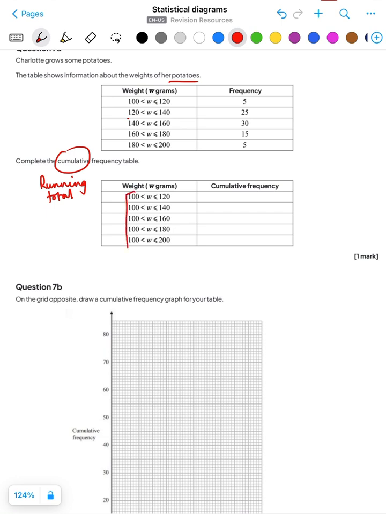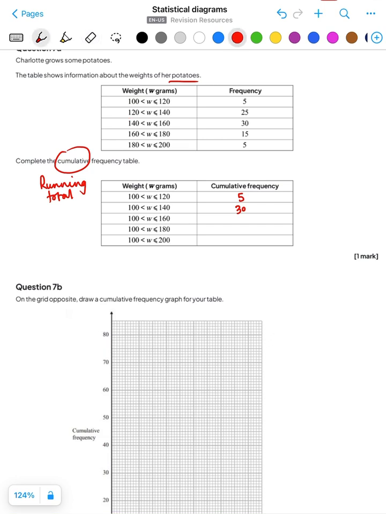Let's look at our cumulative frequency. The table starts at 100 grams each time. So the number of potatoes between 100 and 120 was 5. 120 to 140 was 25, which means 100 to 140 is 5 plus 25, which is 30.